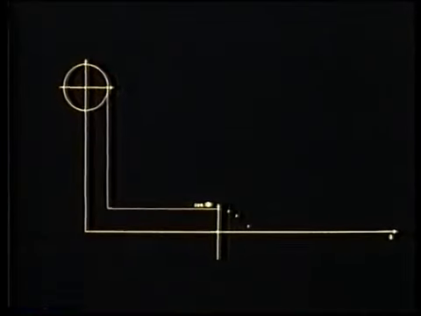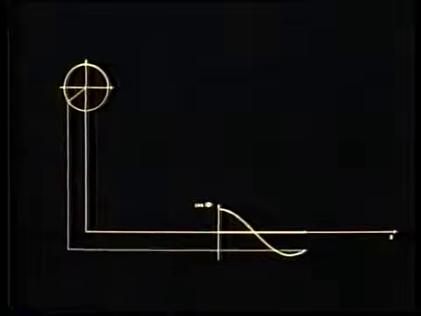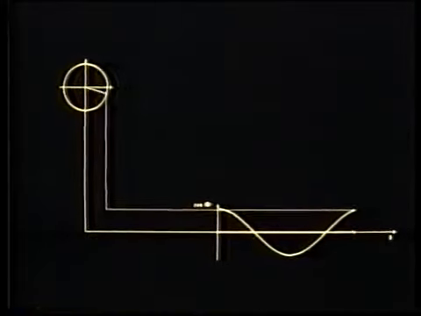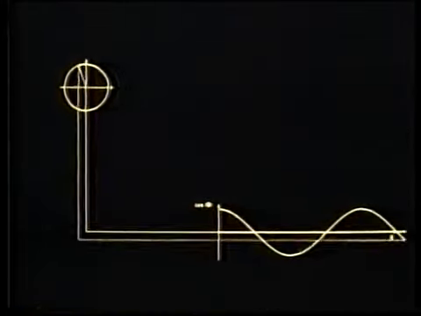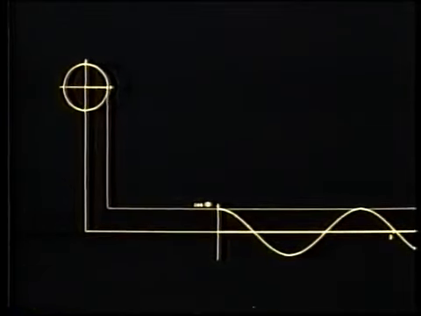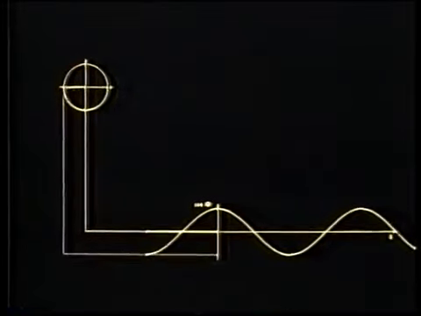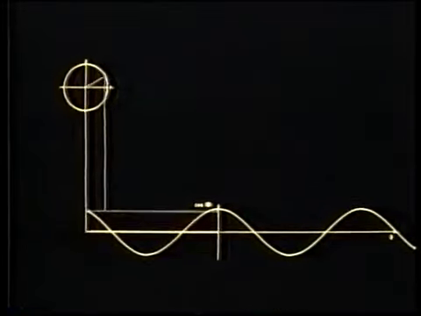So by plotting the x-coordinate, we draw the graph of cosine theta. We go anti-clockwise for positive values of theta and clockwise for negative values.